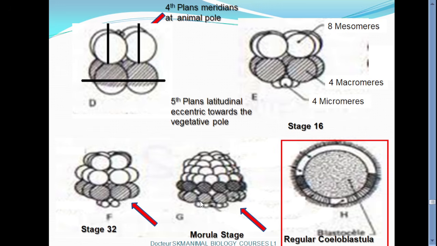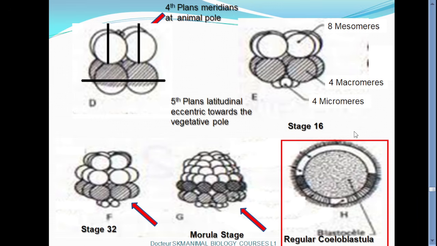Then the morula will transform into a blastula, exactly a regular coeloblastula. This coeloblastula is composed of a series of cells which surround a void, which is the blastocoel. So this is our first example, the total segmentation of the oligolecithal egg of the sea urchin.